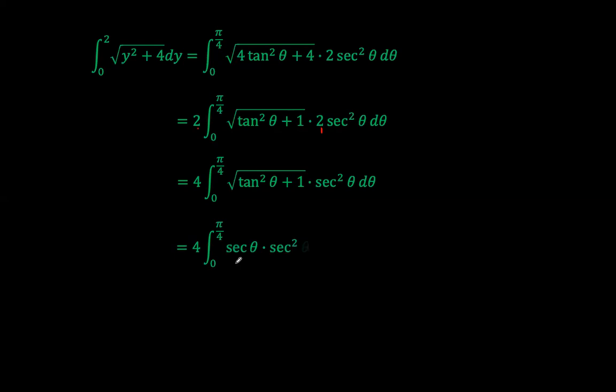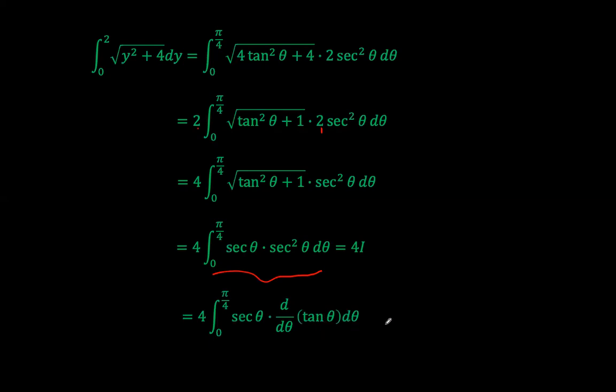So we are left with the integral of sec theta times sec squared theta. Let's consider this to be I. Then we can express sec squared theta as the derivative of tan theta.